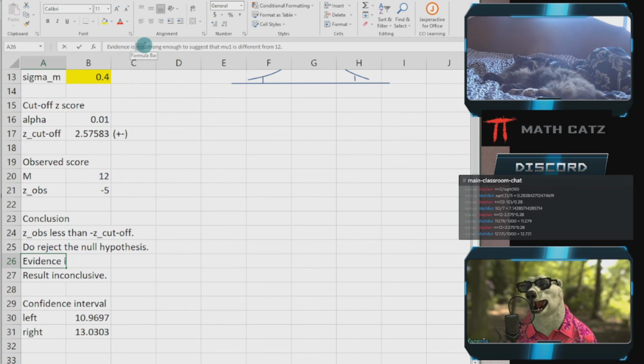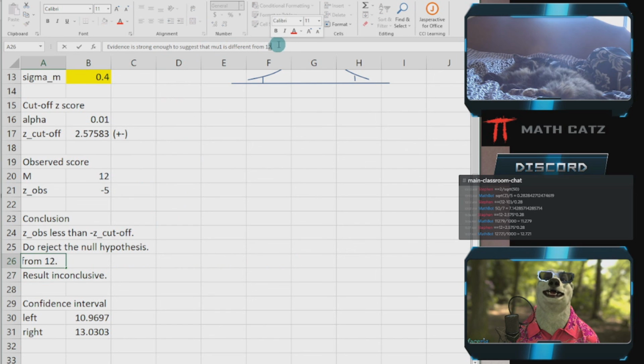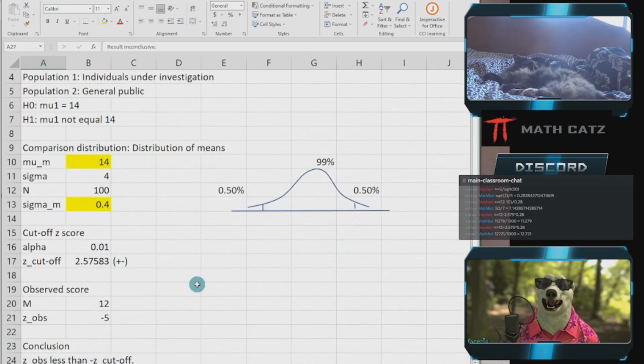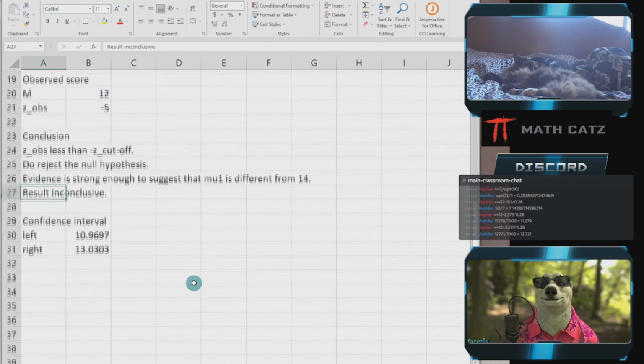The evidence is strong enough to suggest that my population 1 mean for those that got the treatment is different from 14. We got a 12 where the general population is 14. So that is different enough. I didn't know looking at 12 and 14, but based on everything else and the variance, it's actually very different.